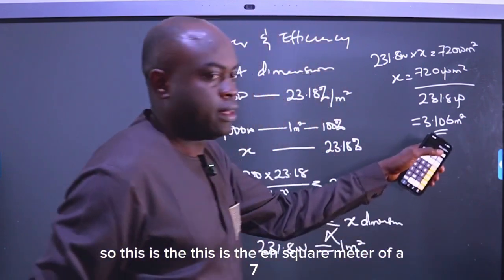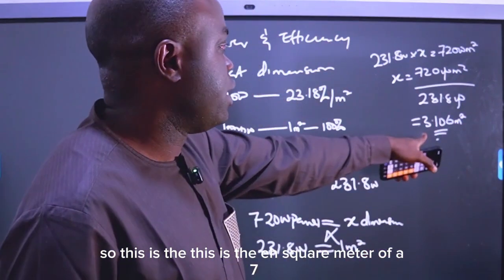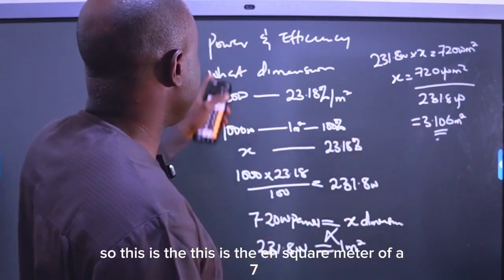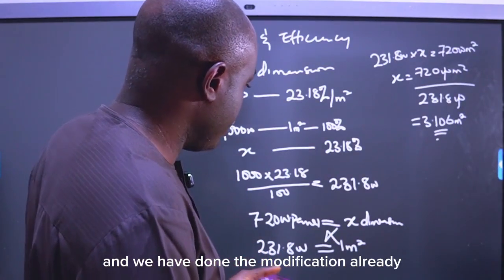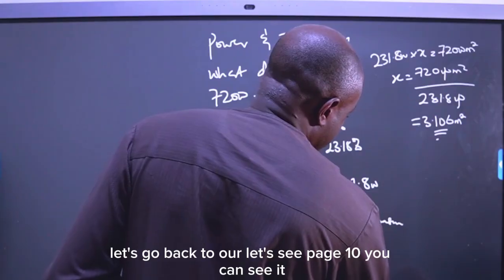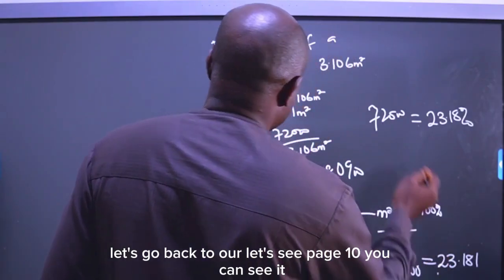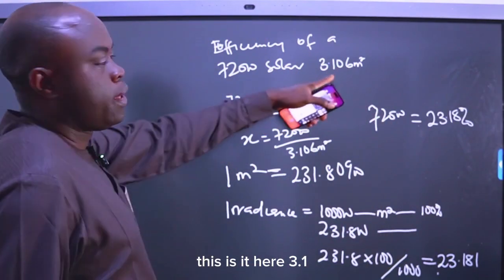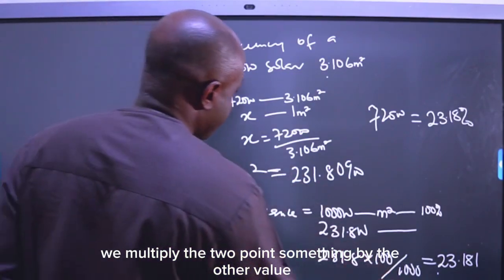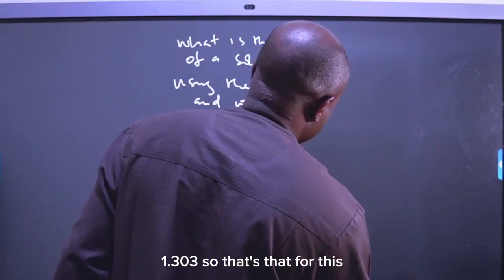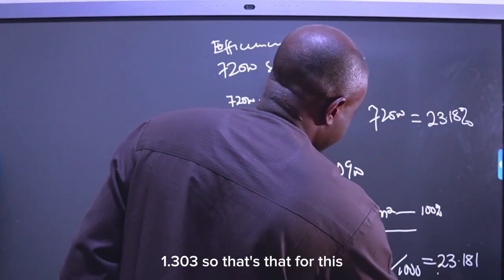This is the square meter of a 720 watt solar panel. Let's go back to page 10. You can see it here, 3.1. We multiply the 2 point something by the other value, 1.303. So that's that for this.